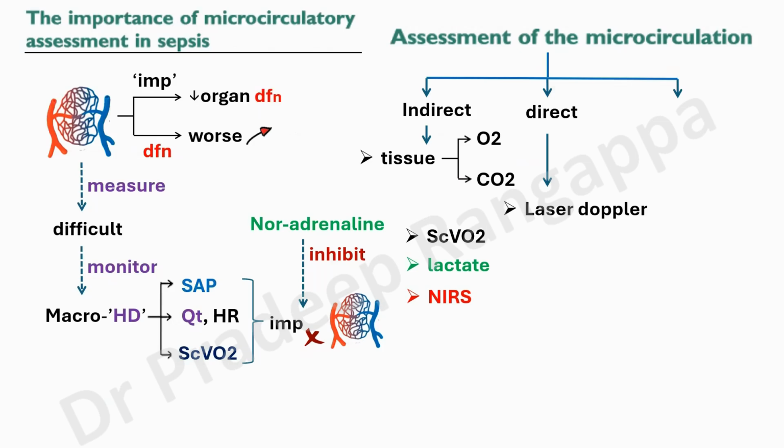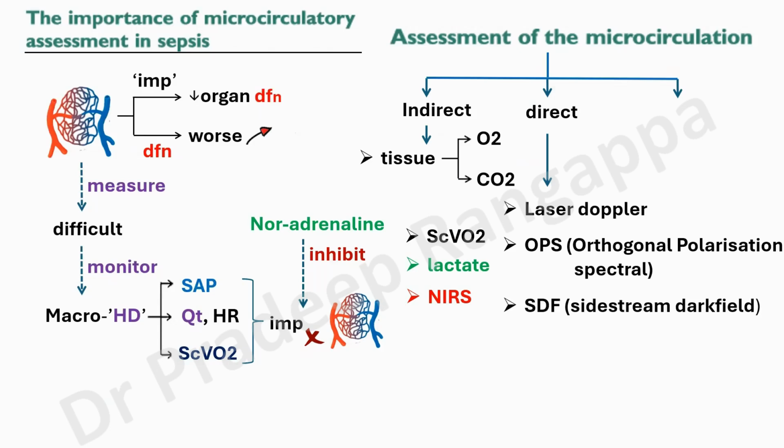The direct tools are a little more complicated. So you have laser Doppler, then you have microscopes basically to determine how the microcirculation is happening. And studies have been done at a sublingual level to look at the microcirculation because sublingual is an easily accessible microcirculatory area. So they have looked at orthogonal polarization spectral, side stream dark field, and incident dark field.